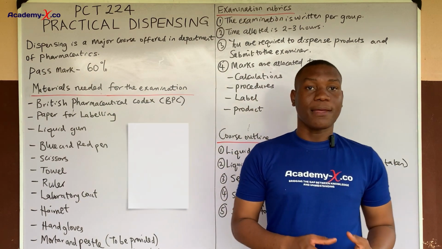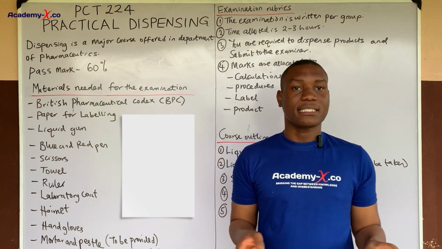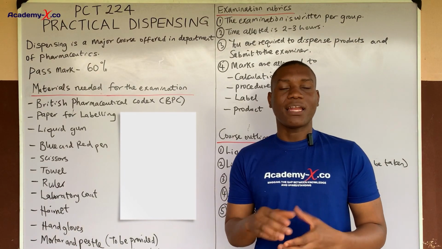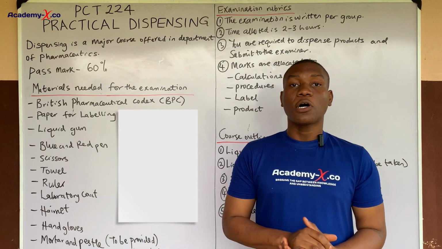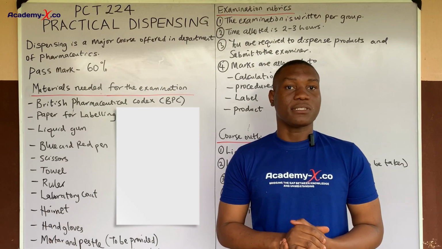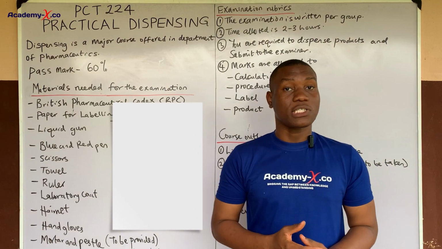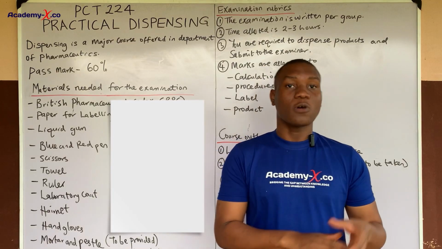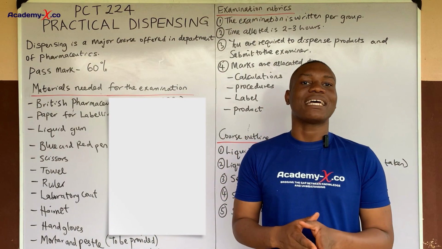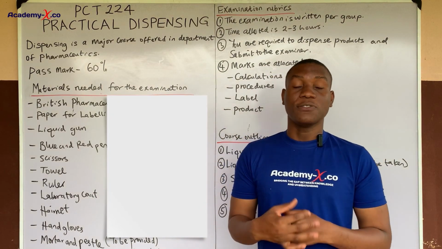Now, we have paper for labeling, majorly A4 papers, so that we draw our labels on products. Products ought to have a label, because it is the label that gives information to any patient taking such medication: this is what the product is made of, and these are the precautions you take when using the product.